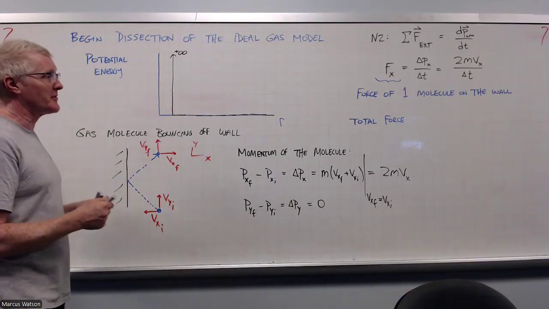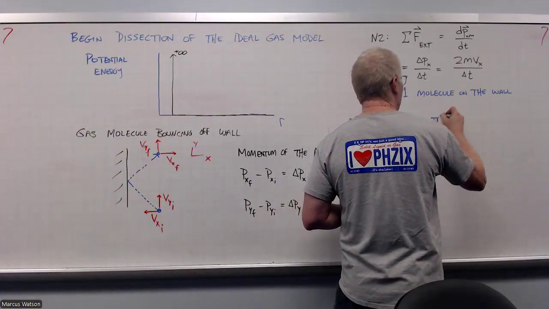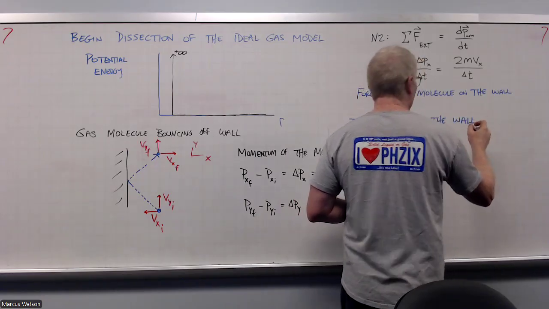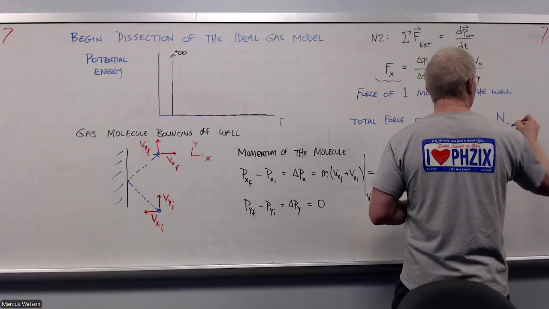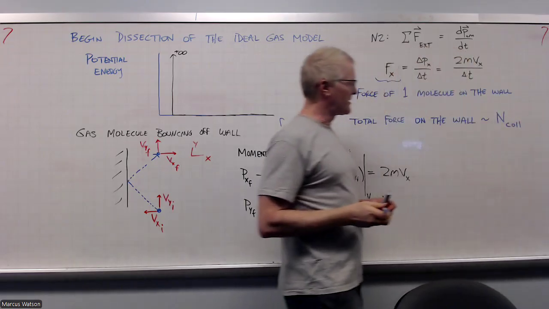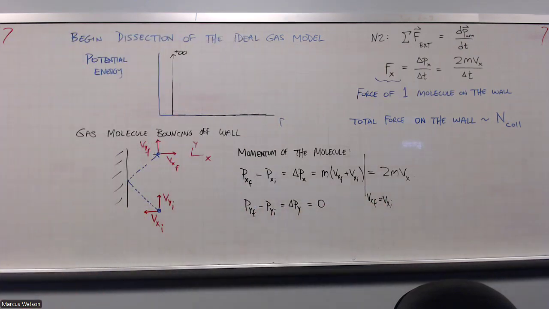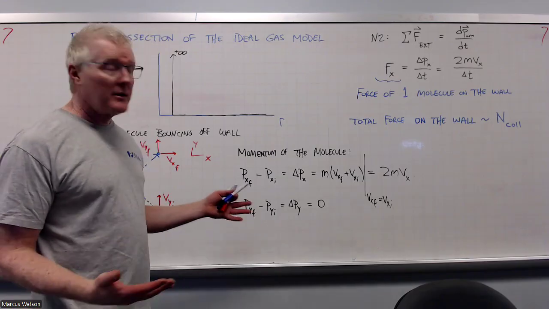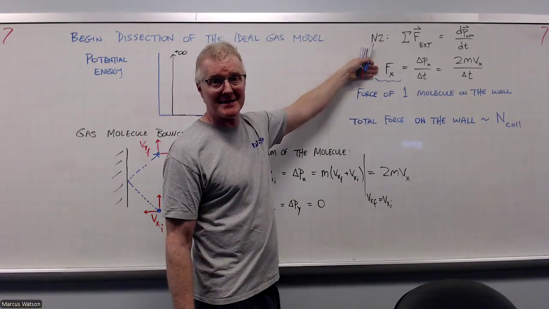So let's assume that the total force on the wall due to whichever molecules are close enough is going to be proportional to a capital N, the number that can make a collision in this amount of time. Each one of the collisions does something approximately like this.